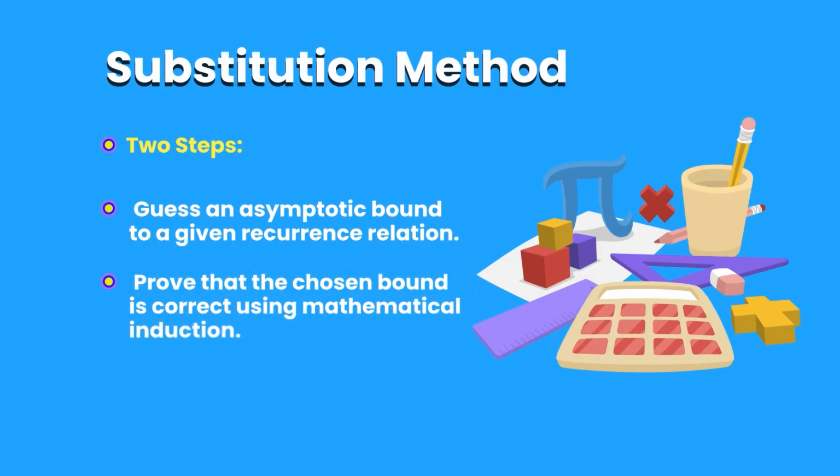So our answer will be an asymptotic bound, represented in big O or big theta notation. Those notations are ultimately the solution to a recurrence relation as far as complexity analysis is concerned. As the next step, we have to prove that the chosen bound is correct using mathematical induction.